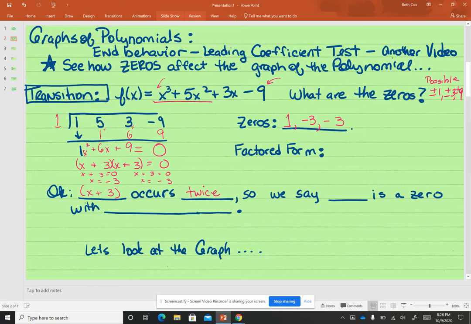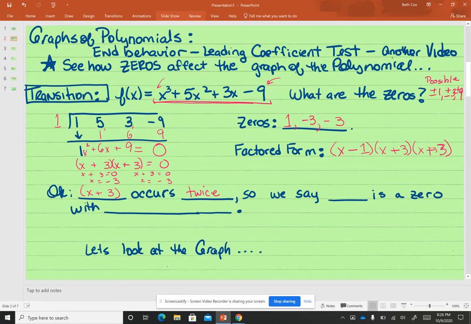This polynomial can be factored into x minus 1, x minus negative 3, x minus a negative 3, which turns into a plus 3. That's the factored form.